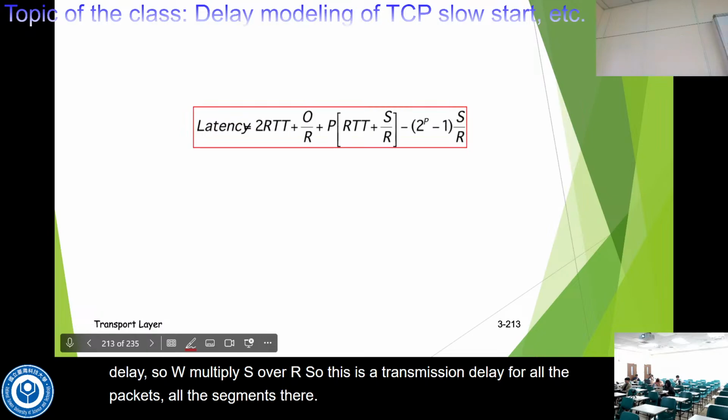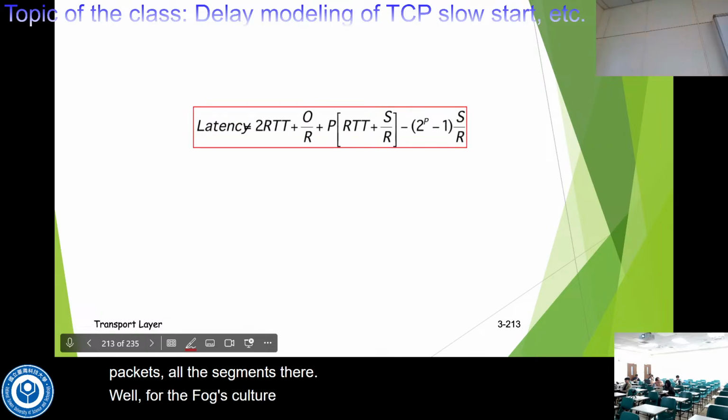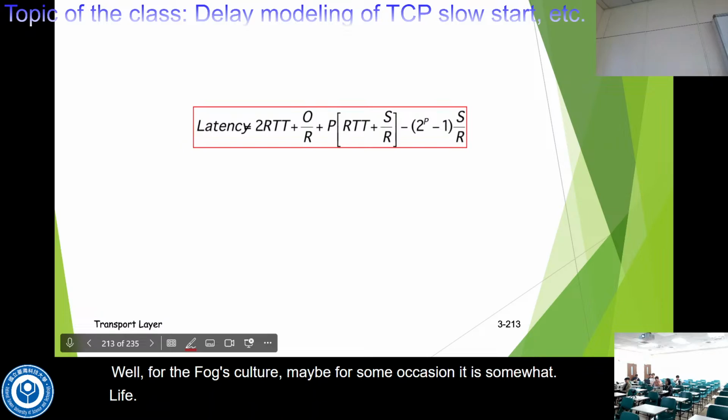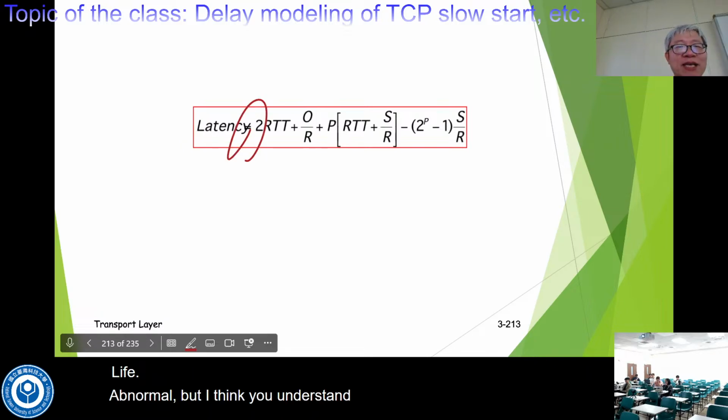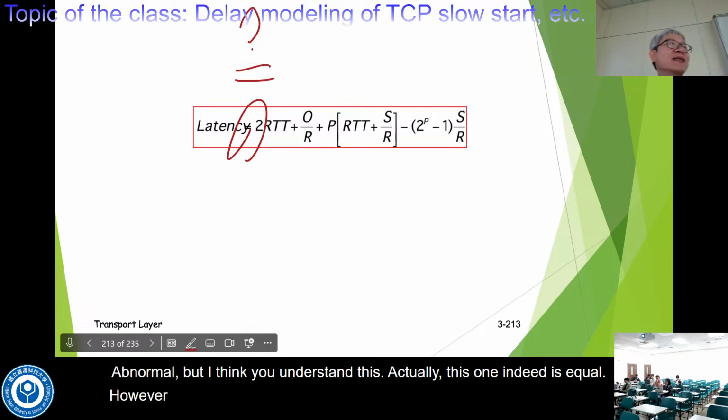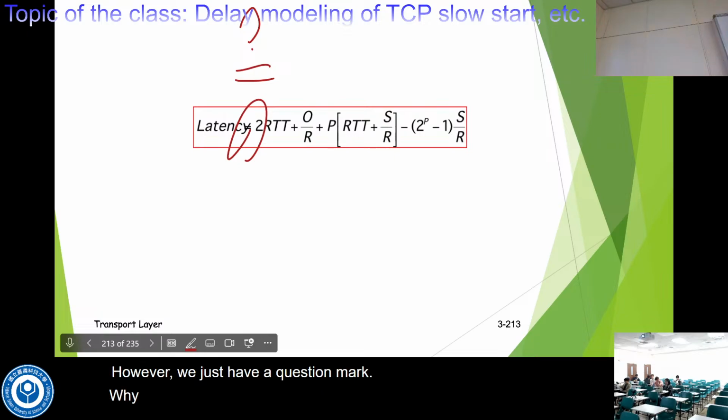Well, for the following discussion, some of the notation is somewhat abnormal, but I think you understand this. Actually, this one indeed is an equality, however, we just have a question mark. Why do we have the equality?